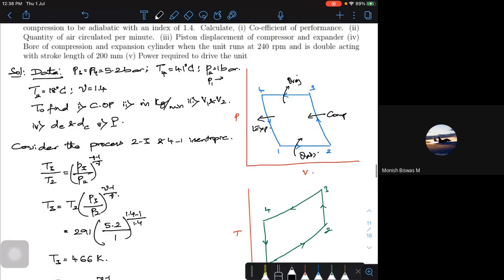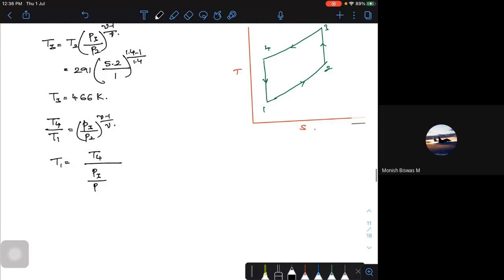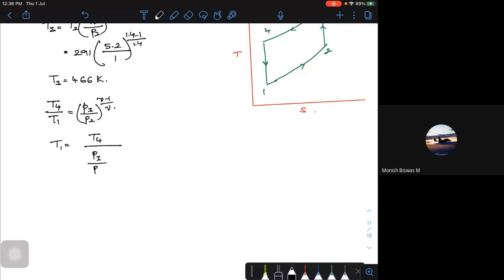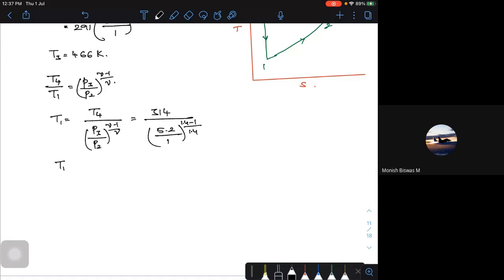If P4 is equal to P3 and P2 is equal to P1, I can write the same thing: P3 by P2 to the power of gamma minus 1 by gamma. So this is 314 divided by 5.2 divided by 1 whole to the power of (1.4 minus 1) divided by 1.4, and I am getting around 196 Kelvin. So T1 is 196 point some change, 196 Kelvin.